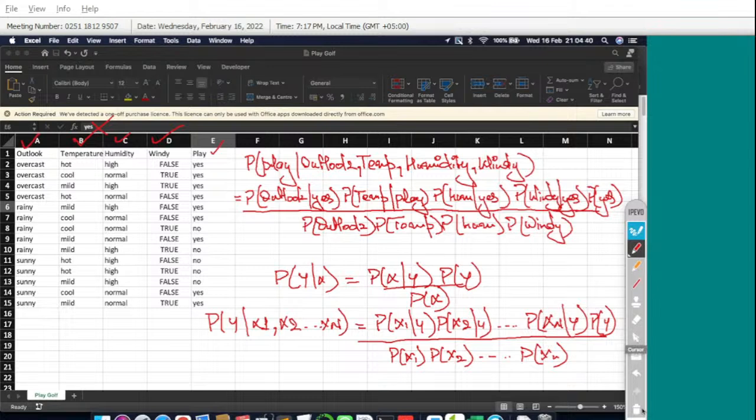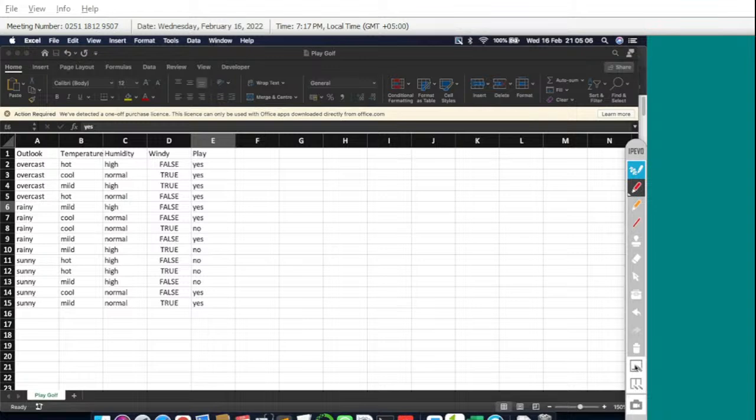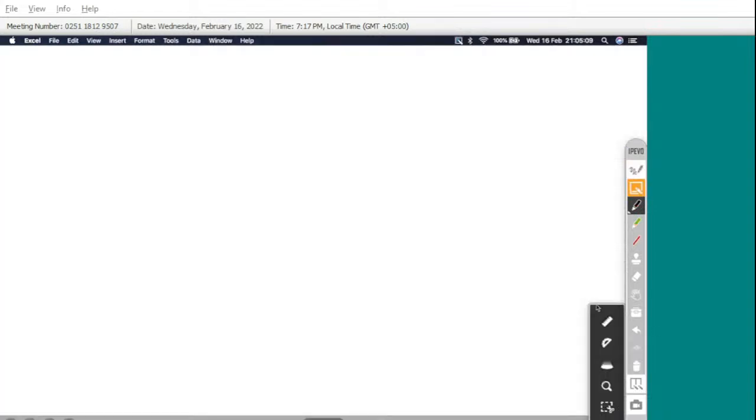Naive Bayes is clear to everyone. We can proceed to the next algorithm.